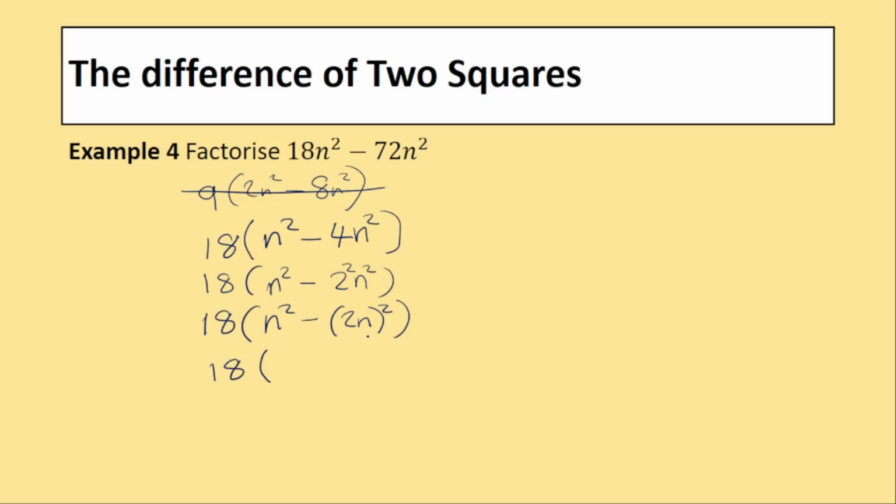So when we factorize n squared minus 2n squared, we're going to have n plus 2n and n minus 2n. So that is how we factorize completely that expression.